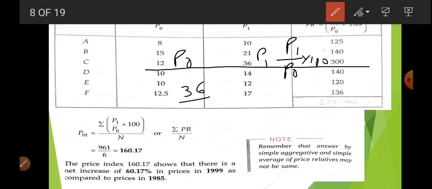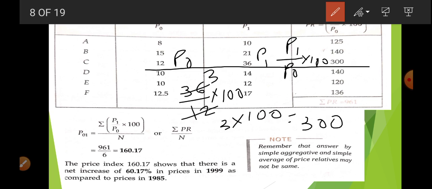So 36 upon 12 multiplied by 100. So we can cancel it. Okay, and in this way 3 multiplied by 100, so we get 300.